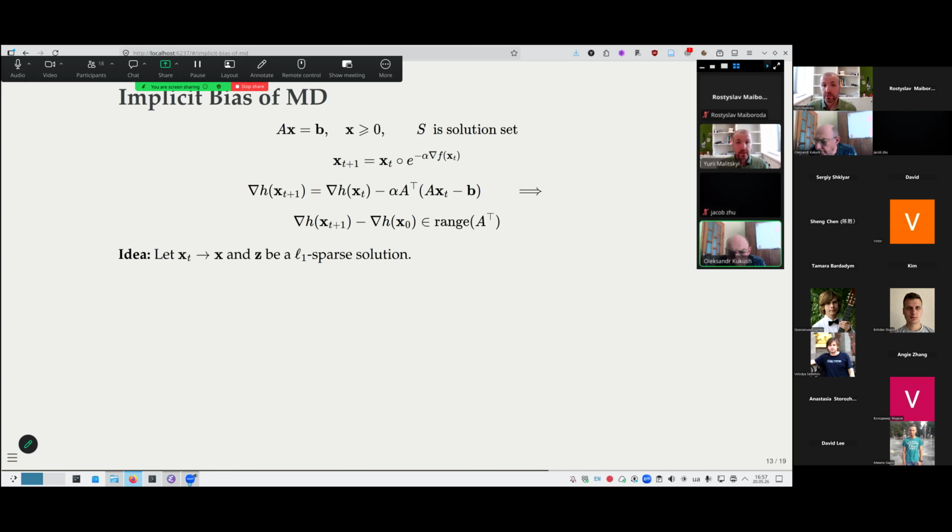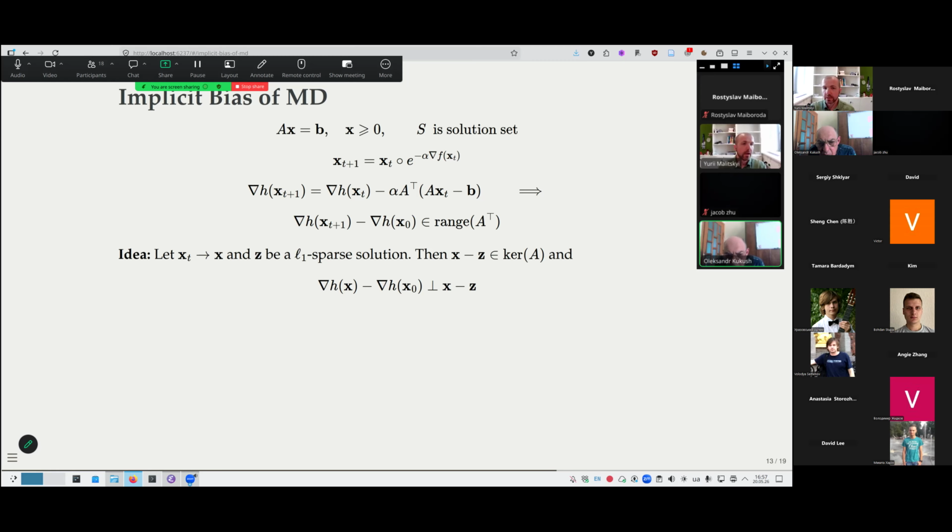So x solves our non-negative linear system, and let z be this L1 sparse solution. So it's also a solution of our system. Then x minus z must belong to the kernel of A, because they both solve the linear system. So the difference between them must be in the kernel. And because the kernel and the range of A transpose are orthogonal to each other, we obtain this property.